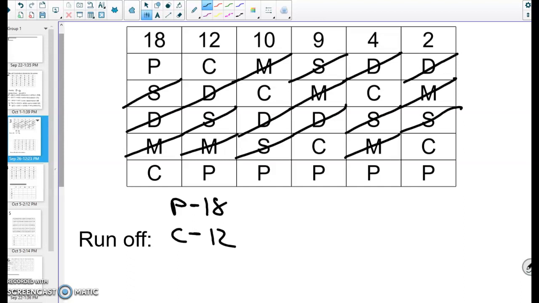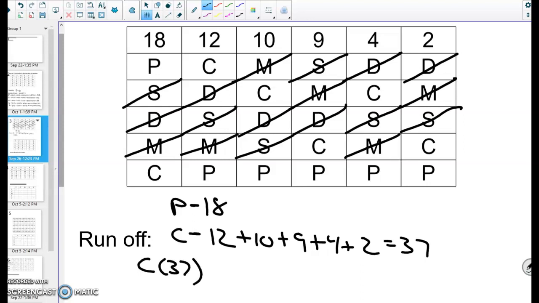In the third column, Coke gets those 10 votes. In the fourth column, Coke, even though it's in fourth, it's still above P, gets those 9 votes. Coke gets these 4 votes, and Coke gets those last 2 votes. So 12 and 10 is 22, and 9 is 31, and 4 is 35, and 2 is 37. So by runoff, my winner is Coke with a score of 37.